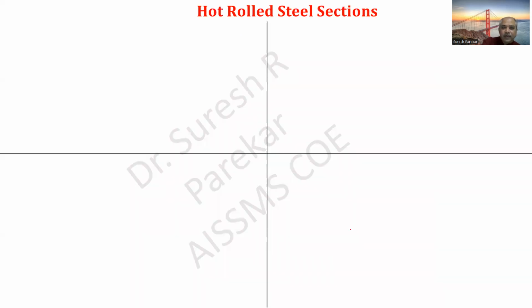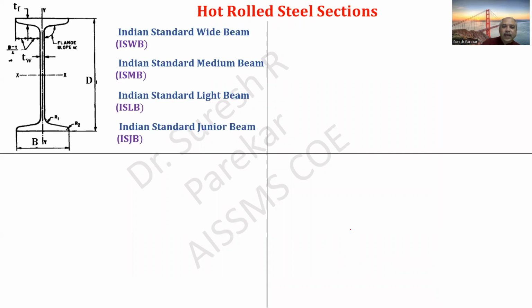Now we will go with the first, hot rolled steel sections. Mainly we are going to use the Indian Standard wide beams, ISWB. These beams are generally preferred in gantry girders.